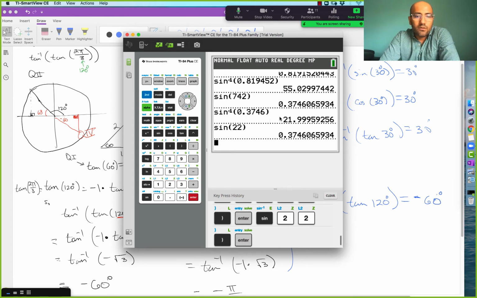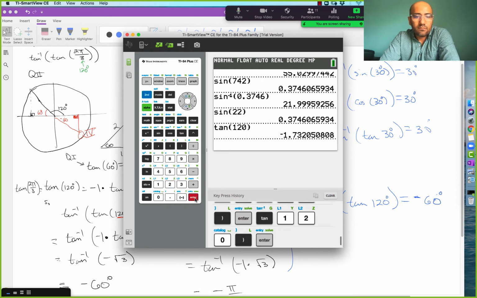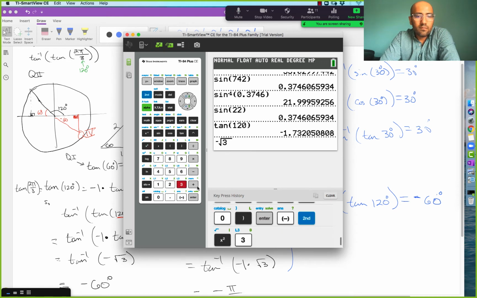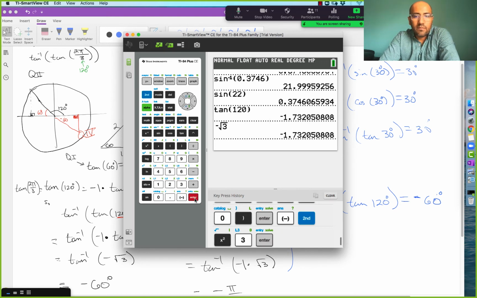Good. So in our case, tangent of 120 degrees gave us that decimal. That's negative root 3 right there. See, that's negative root 3.